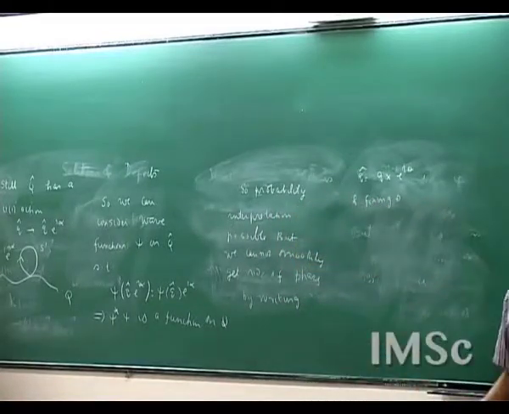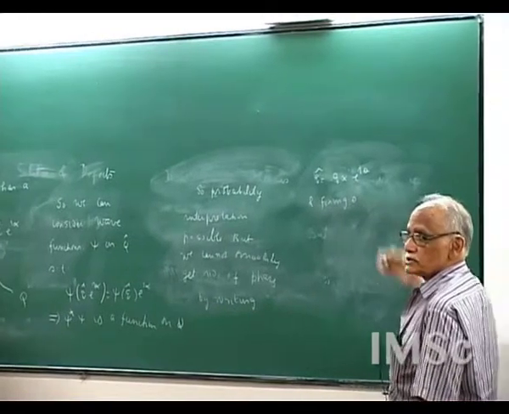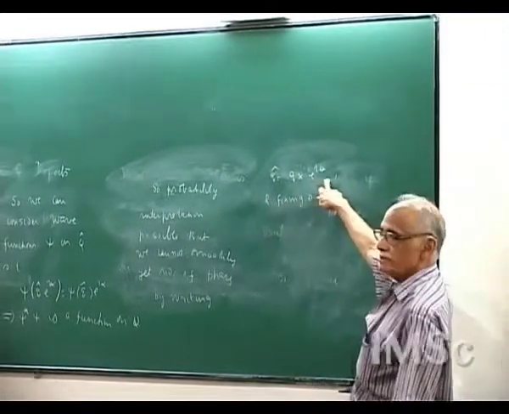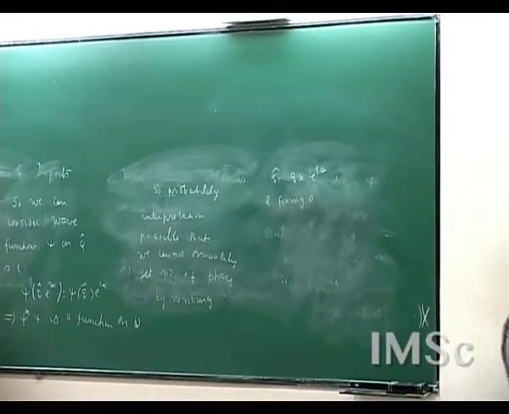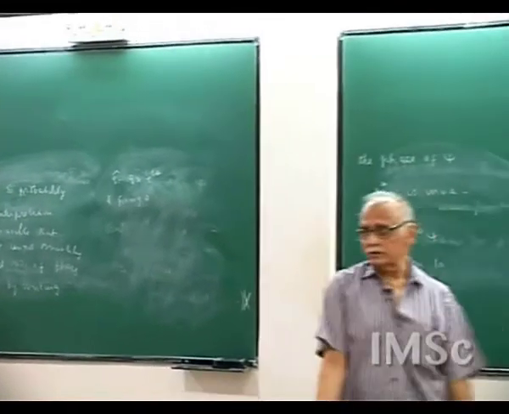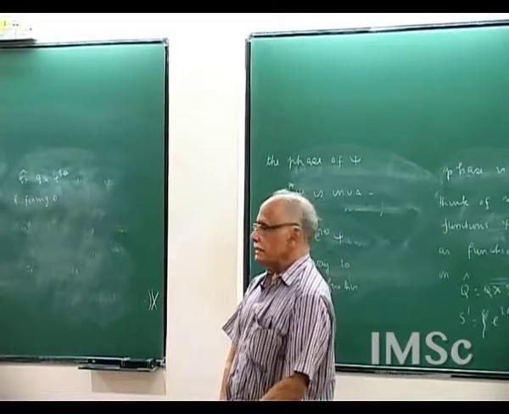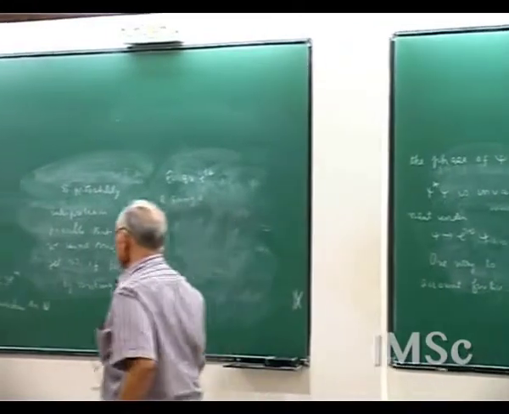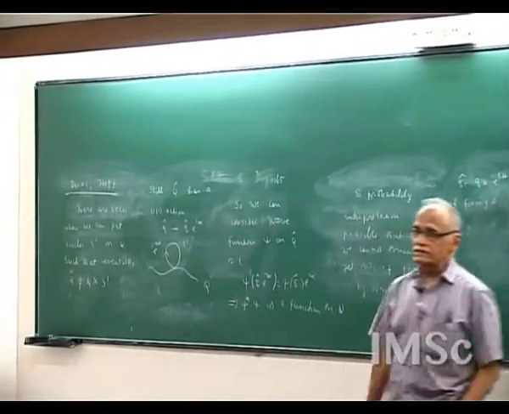In the previous case I could write q hat like this, and then I can choose theta to some value. Then this degree of freedom will be lost, and the function I am dealing with in this case would really be a redundancy. I could as well deal with q, but now I cannot do it because this wave function is not living on q cross S1. It is living on some other space.